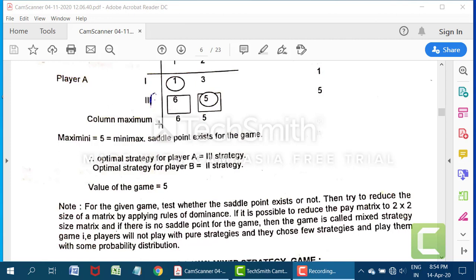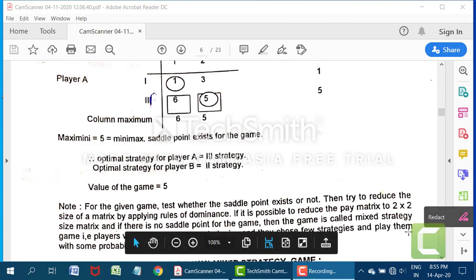If the game size is m rows and 2 columns, no saddle point, go for the graphical method. If the size is odd, not conforming to 2 by 2, 2 by n, or m by 2, say 3 by 3 or more, then go for the algebraic method or linear programming method. These are the methods available for solving mixed strategy games.